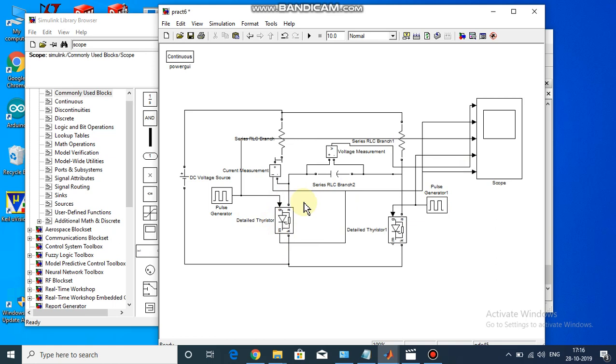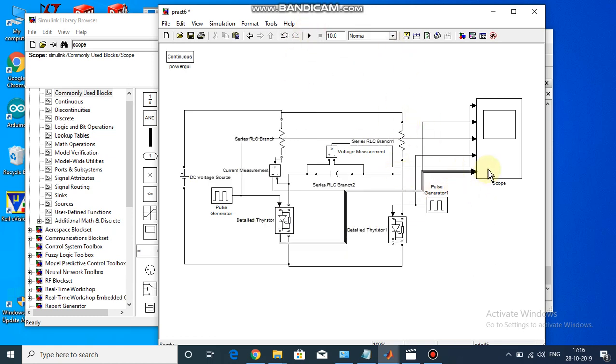The reason why we are concentrating on this left part of the circuit is that the right part of the circuit is just a turn off mechanism. This is basically our commutation mechanism for our commutation circuit right now, while the left part is the actual power part, so that is where huge currents would be flowing in actual scenarios.